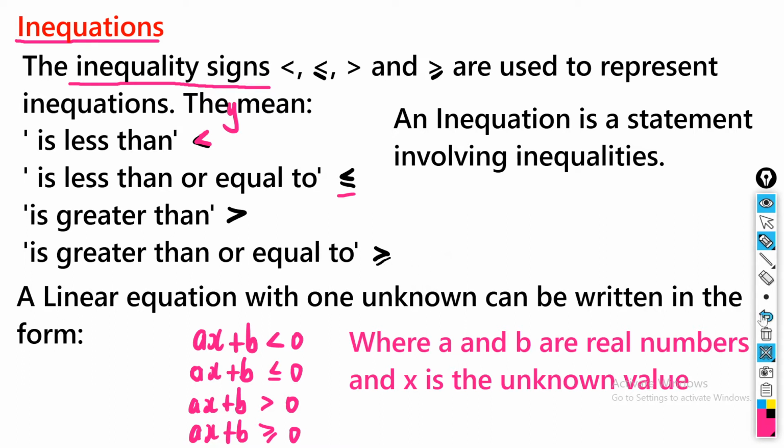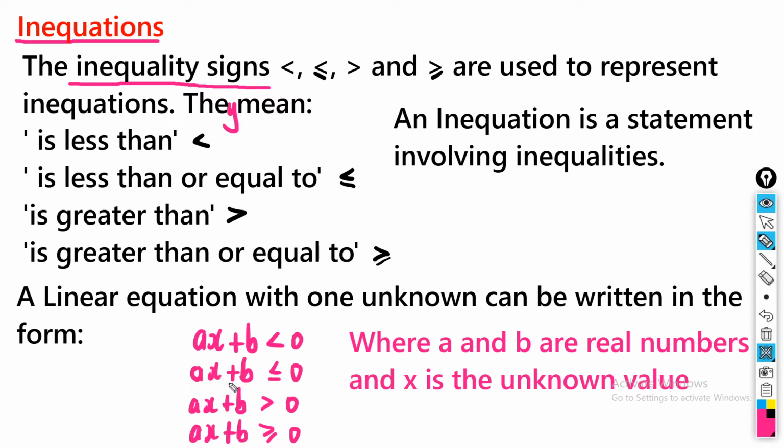So it says here an inequation is a statement involving inequalities. Any equation that you see that involves an inequality is an inequation. And a linear inequation with one unknown can be written in the form ax plus b is less than 0, where a and b are real numbers and x is the unknown value.